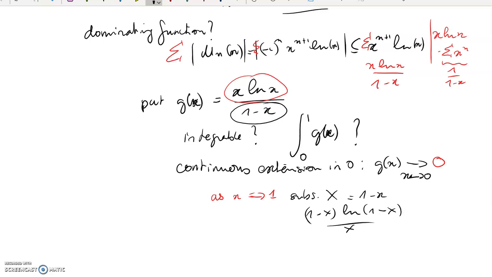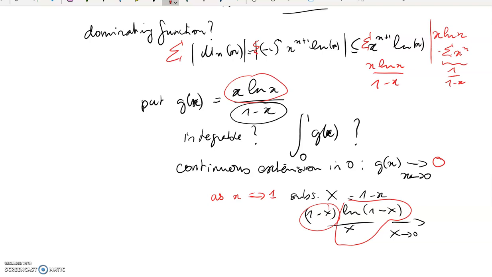Now the limit is, small x tends to 1, so capital X should tend to 0. At the top, the factor 1 minus X is going to go to 1, so there's no problem about that. And I have to find the limit of ln of 1 minus X over X as X tends to 0.